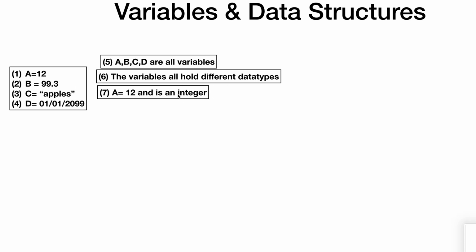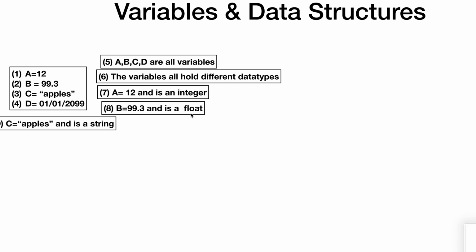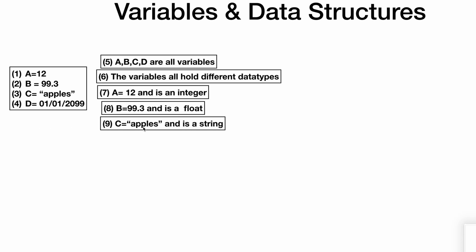A is equal to 12 and is an integer. B is equal to 99.3 and is a float. C holds a string, apples. And D holds a date, 01/01/2099. So here are different data types: integer, float, we could equally say decimal, string, date.